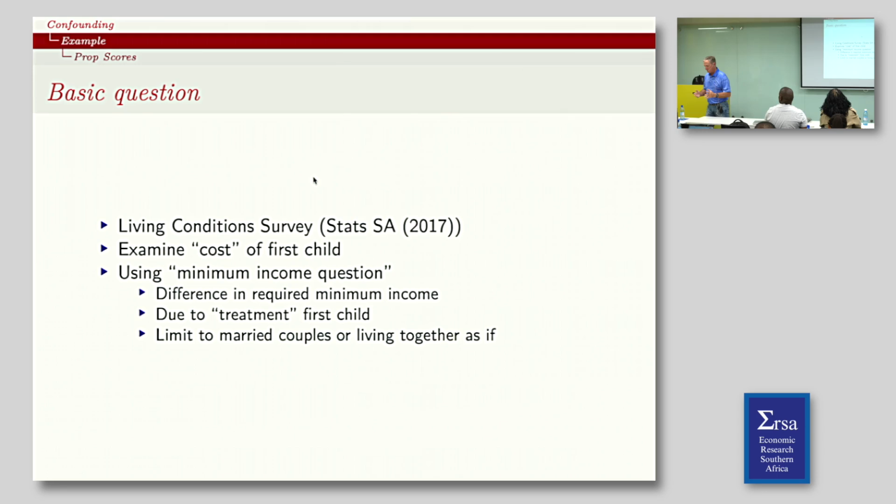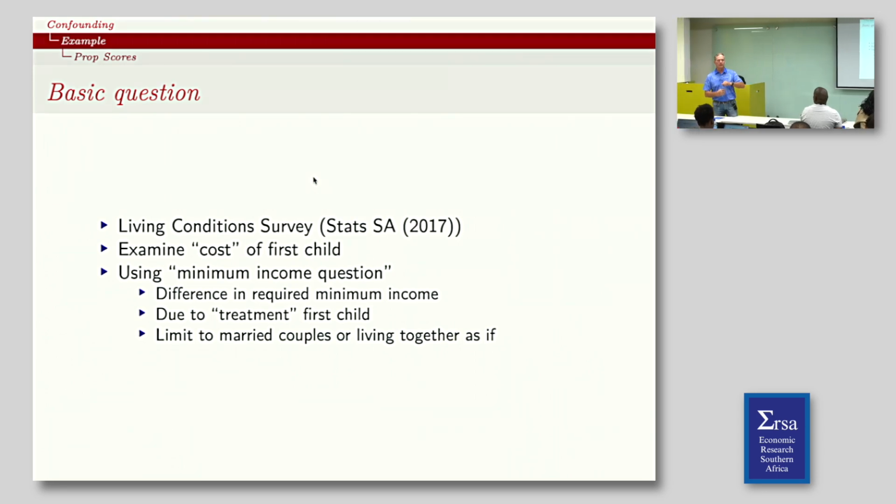So there's this literature that tries to understand child costs as well as equivalent scales and a few other things along those lines. And so the idea is how much more money does a household with one child spend on average than a household with no children, right? That's sort of the basic question.